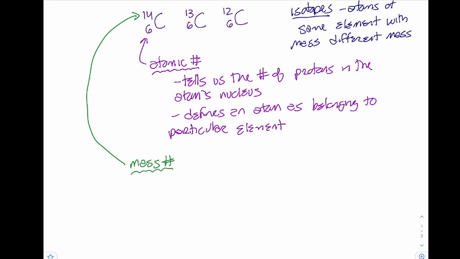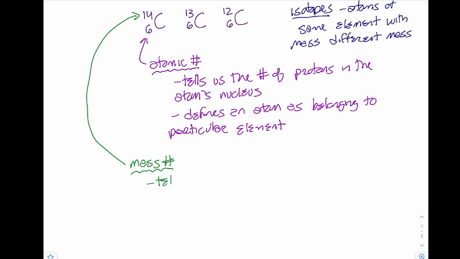And remember, our mass number tells us the number of particles in our nucleus, so the total. And we know in our nucleus we have protons and neutrons. I know 6 of those 14 particles are protons, so 14 minus 6 is 8. I have 8 neutrons in the nucleus.